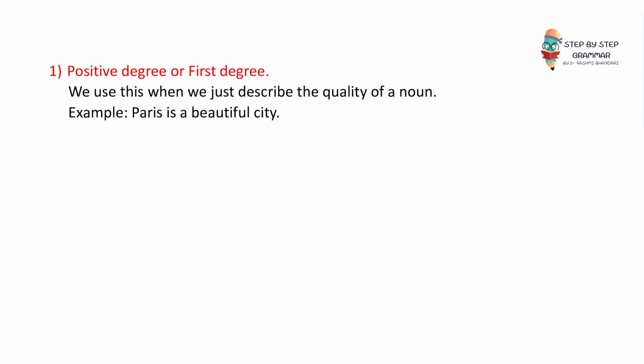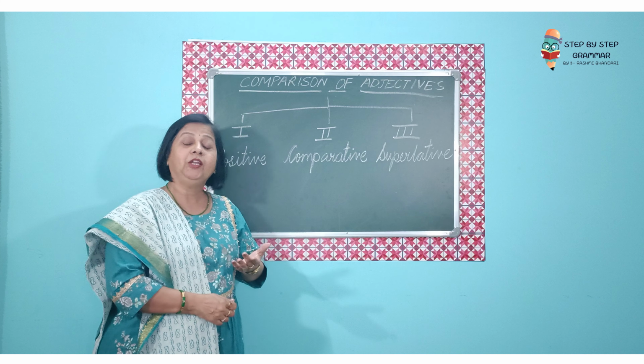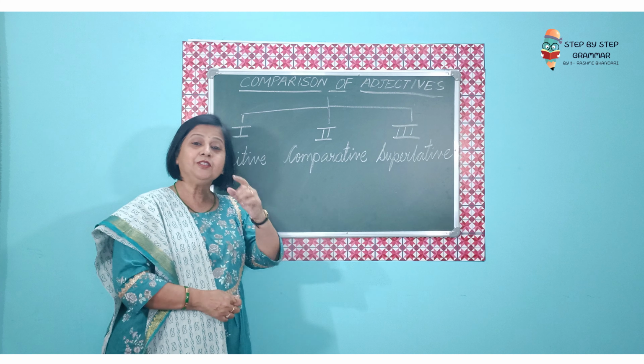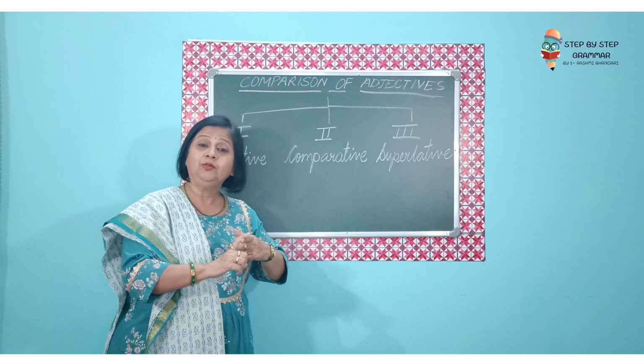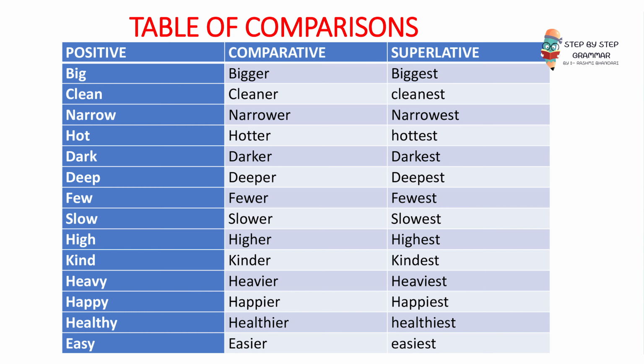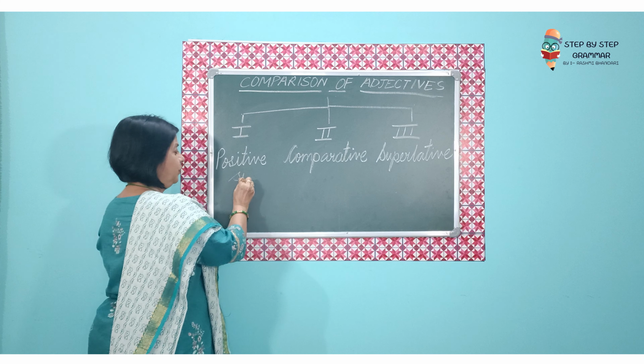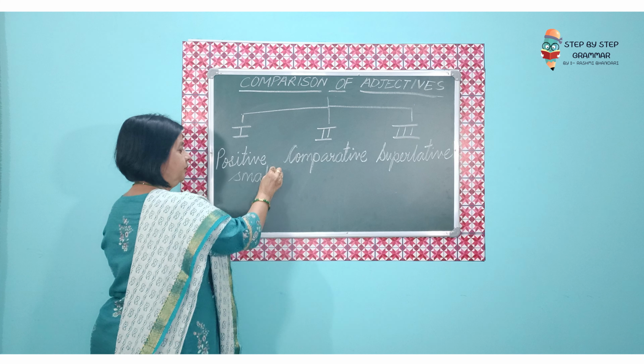The positive degree. We use this degree when we are just talking about the quality, or the presence of a quality, of any singular noun or pronoun. For example, the mouse is a small animal. So which is the adjective over there? Small.